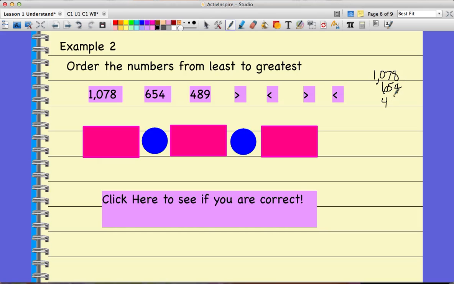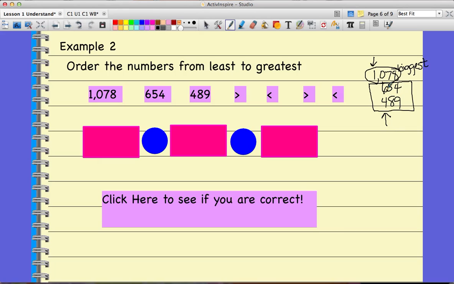All right, so I look at the first column and 1078 is actually the only number that has a number in the thousand spot. This tells me that this number has to be the biggest. Then I can just look at these two and look at the hundreds column.